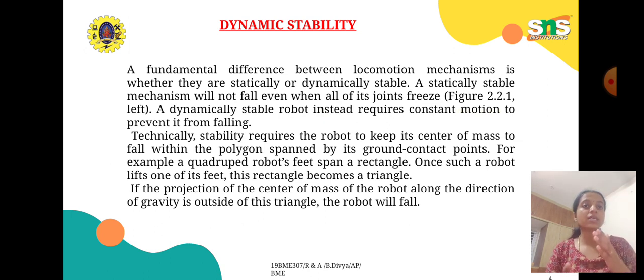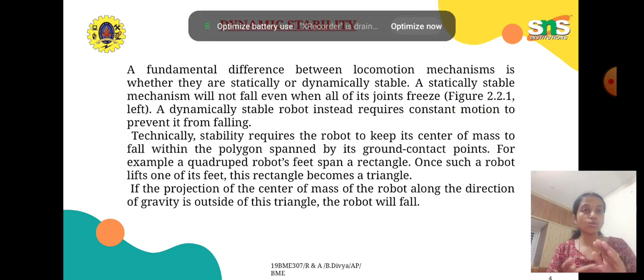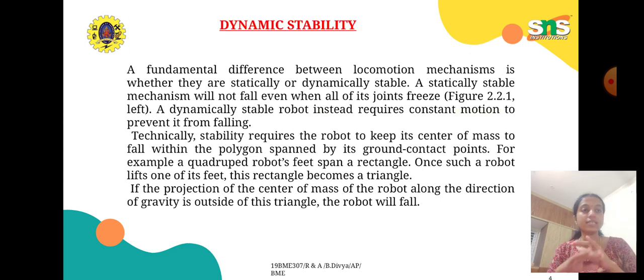A dynamically stable robot instead requires constant motion to prevent it from falling. There is a difference between static stability and dynamic stability. In static stability, even if the joints of the robot freeze, it does not affect stability.